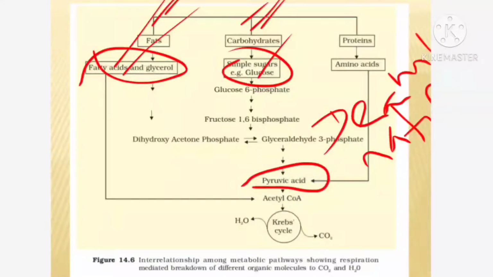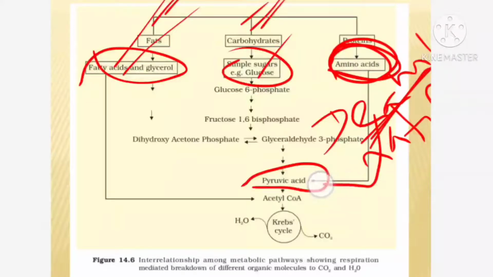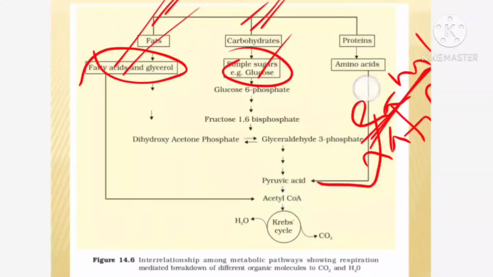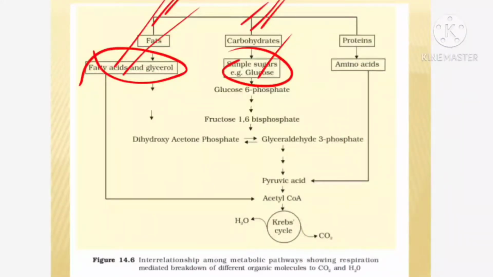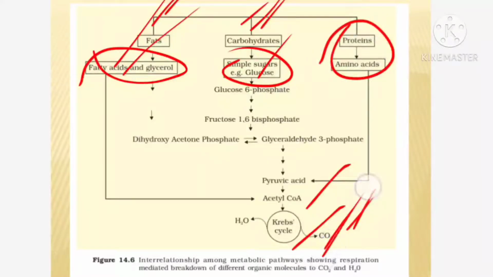So, amino acids undergo deamination, resulting in the production of pyruvic acid. Now, you know what will happen to the pyruvic acid? It will be converted into acetyl coenzyme A, then undergo the Krebs cycle and the energy will be released. Like this, proteins are converted into energy.